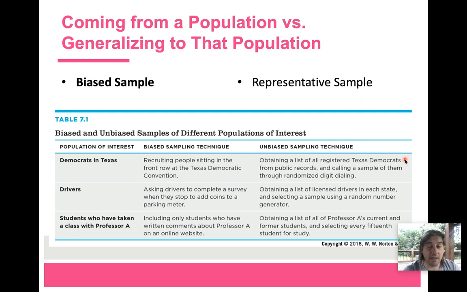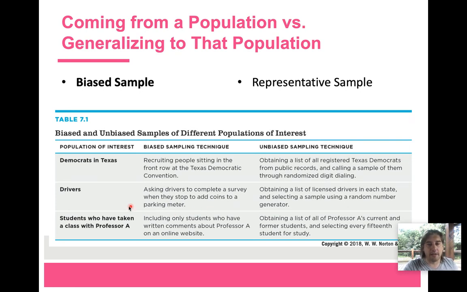And that's going to be a key here for the idea of probabilistic sampling and representative sampling. That all Texas Democrats, so everyone in my population of interest, would have an equal opportunity to be in the sample if I'm just randomly cold calling them, right?